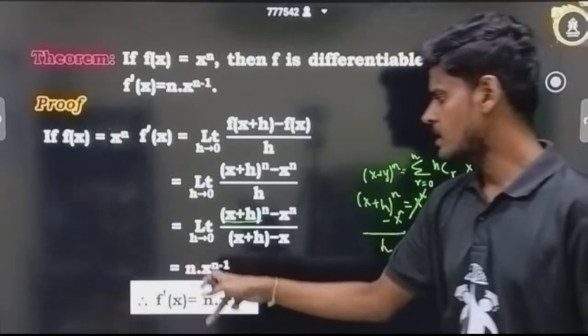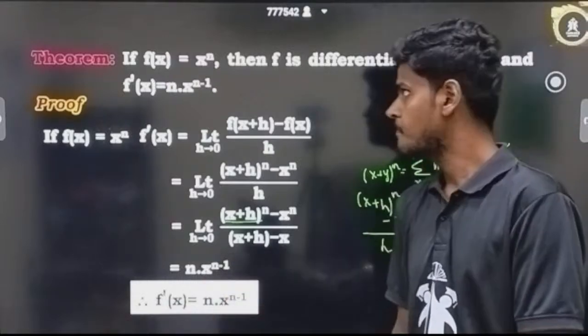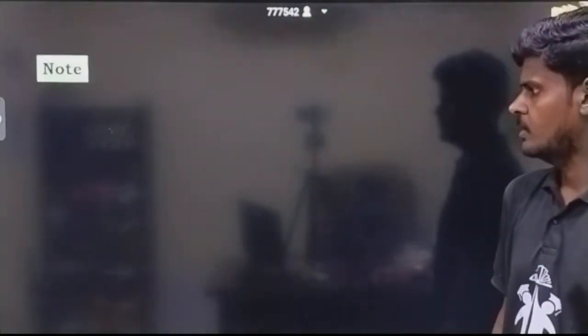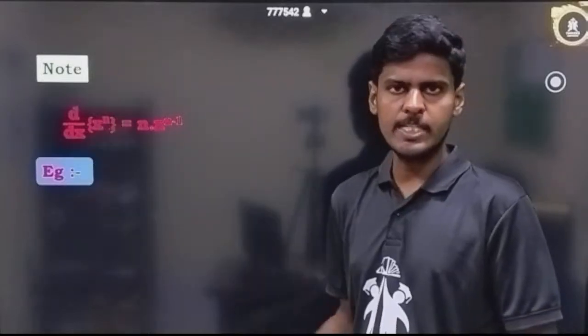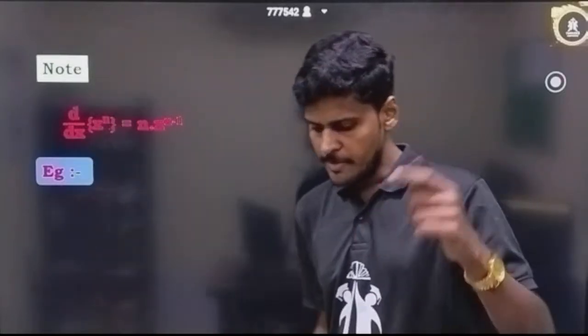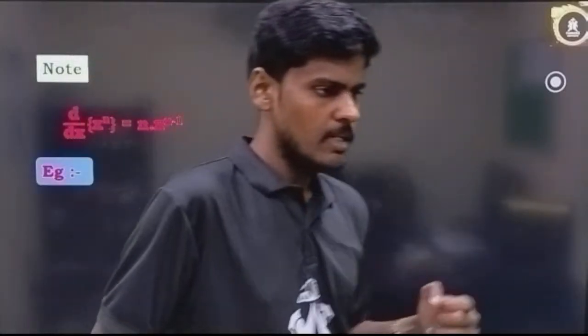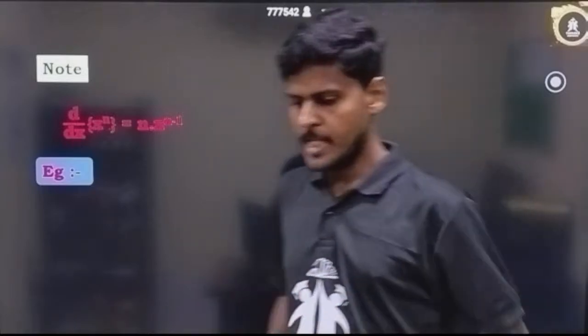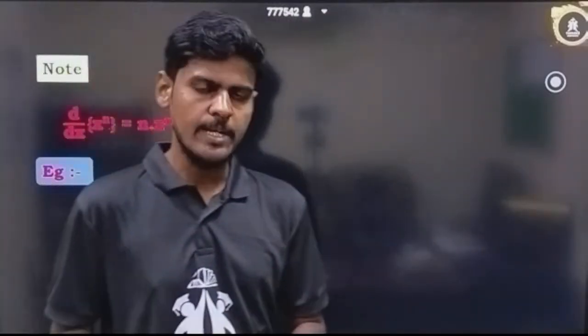So this is nothing but n into x power n minus 1. So the derivative is this. The differentiation of x power n is given by n into x power n minus 1. Remember, it does not matter whether n is a positive integer. It can be any power, because we also know how to expand rational powers in the binomial theorem.